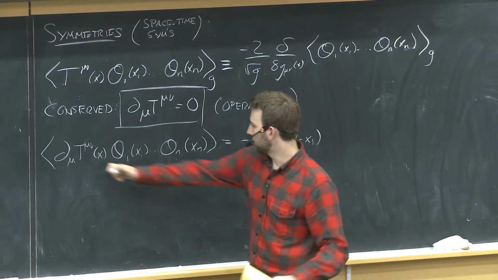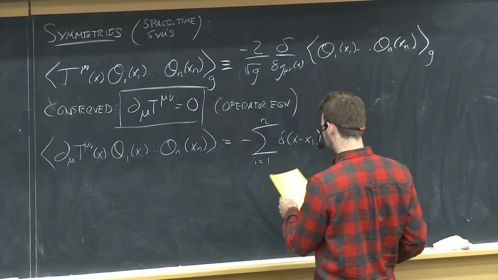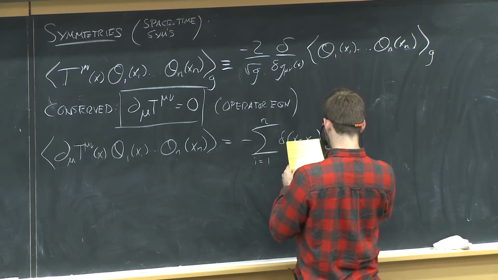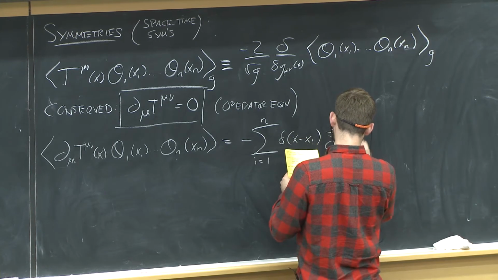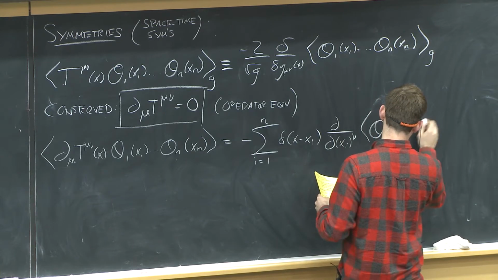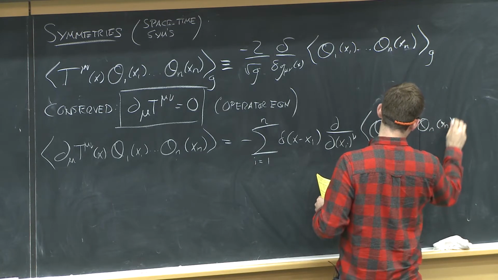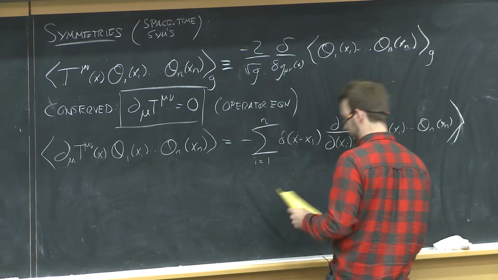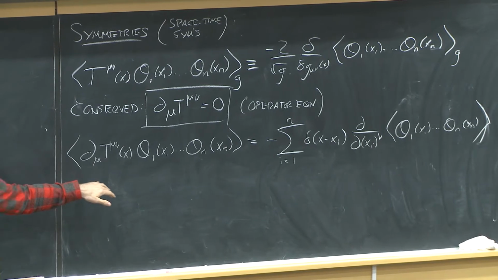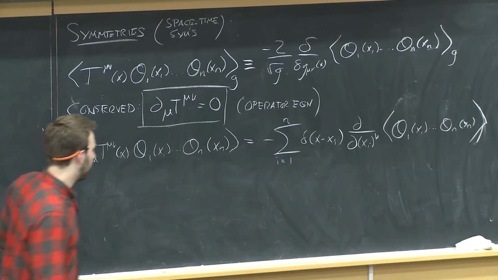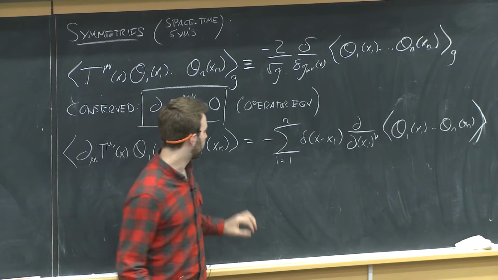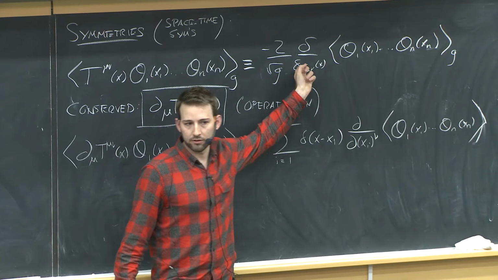So this is going to be 0 unless x coincides with one of these other x_i where the operators are inserted. And this is something that you can derive if you are interested. You can derive this by demanding that your theory be diffeomorphism invariant. So this comes from considering a change of the metric, which is actually induced by a diffeomorphism.